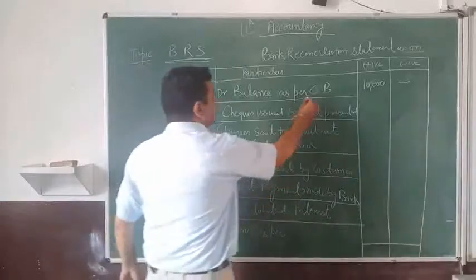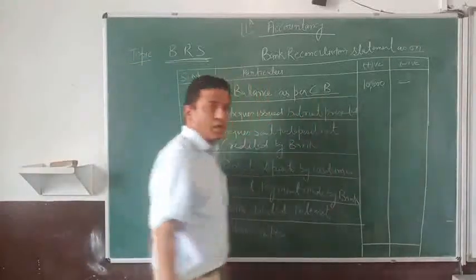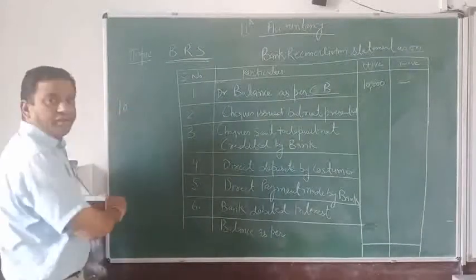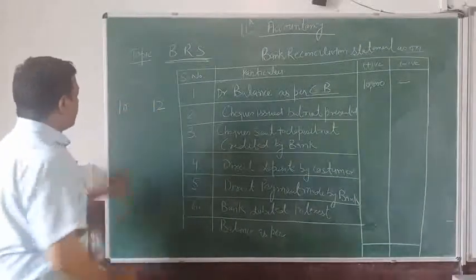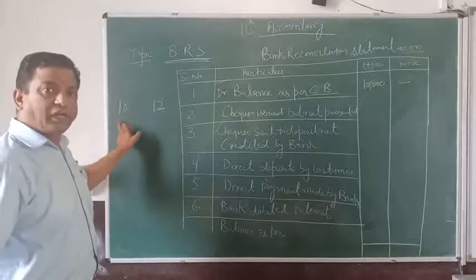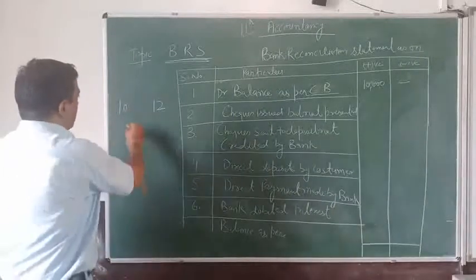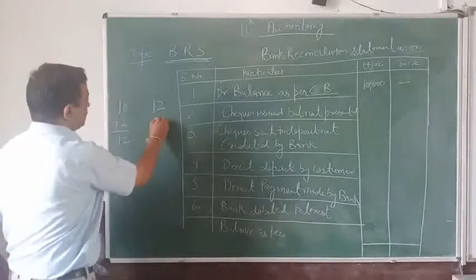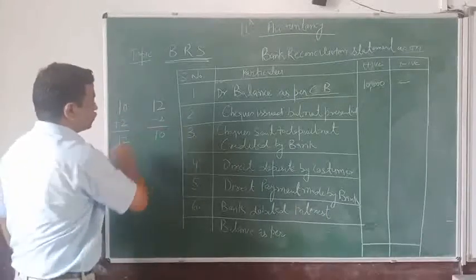thing that we are starting the question with cash book. When two things are not equal, suppose one figure is 10 and the second figure is 12, and we have to match these. So in order to match these, either I have to add 2 in the 10, or I have to deduct 2 from 12.